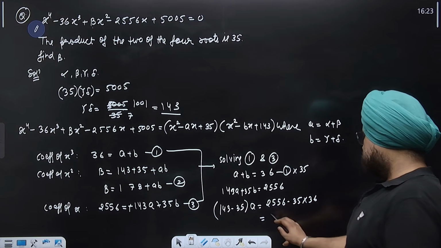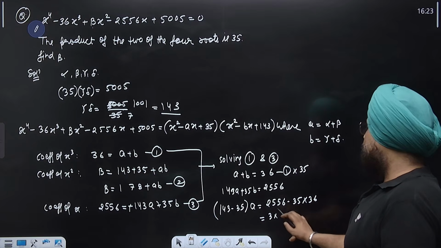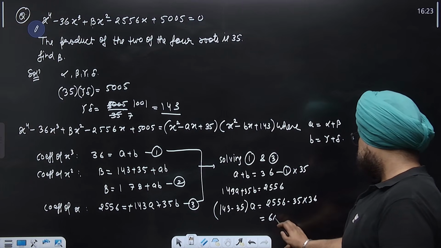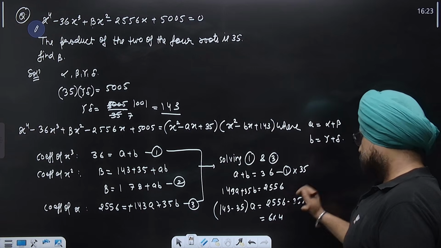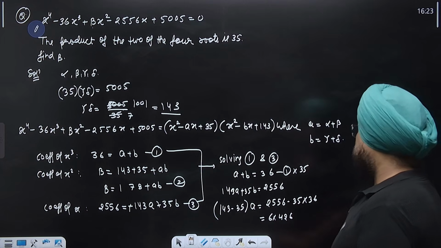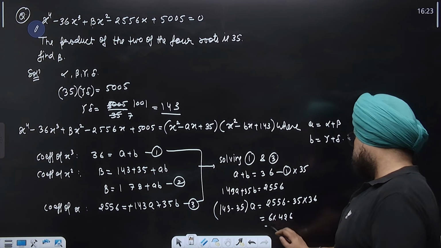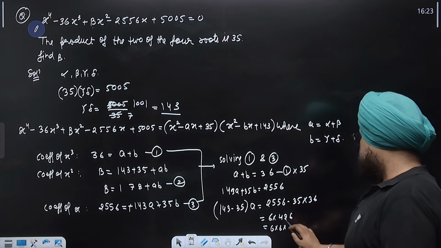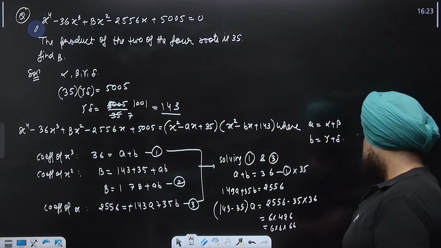So this is 3 into 6 into 6 into 36. This is 6 into 6 into 66.